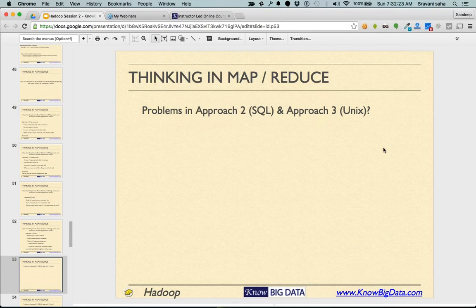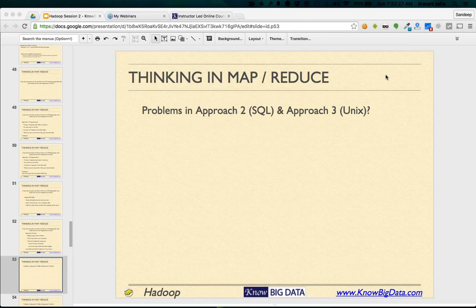Now, do you see any problem with the SQL approach and this approach?